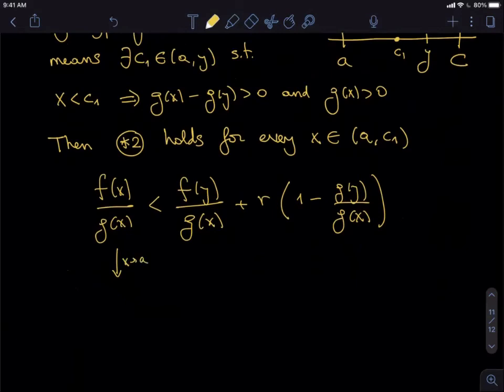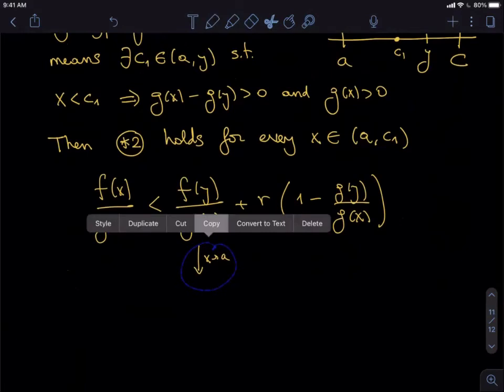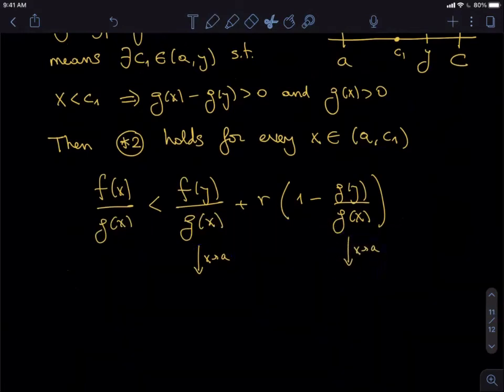As x tends to a, well, let's do first the right hand side. Because y is fixed, f of y divided by g of x becomes 0, and g of y divided by g of x also becomes 0. Okay, so we get here, well, the whole thing will converge to r.